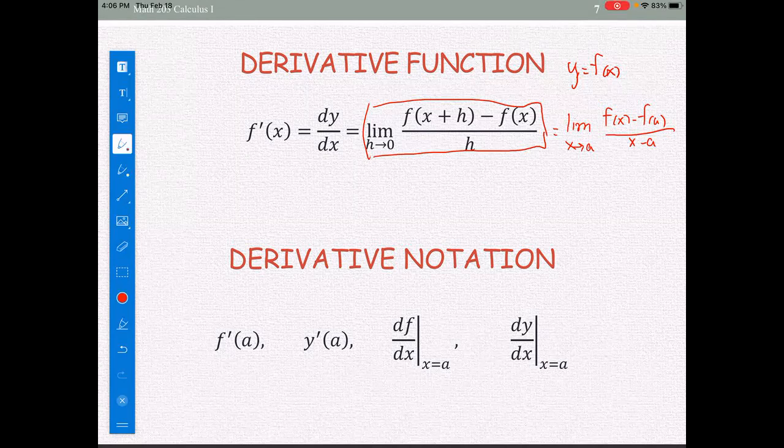The derivative notation for the derivative at the point x equals a uses f prime at x equals a, or y prime at x equals a, or df dx with a vertical line on the right and the subscript x equals a, or dy by dx with the bar and x equals a on the bottom. This represents the derivative of the function at x equals a.